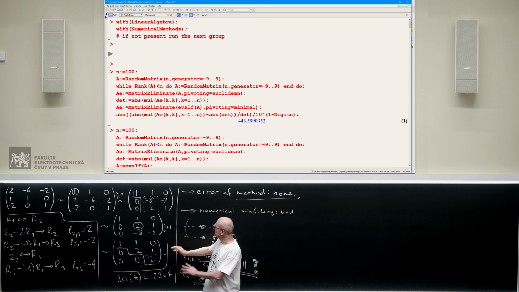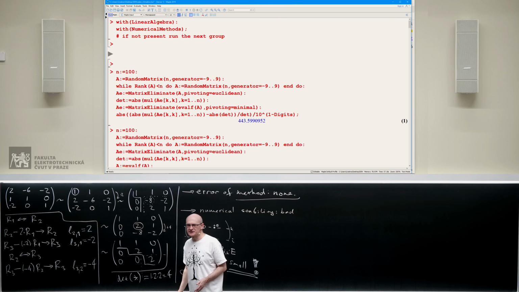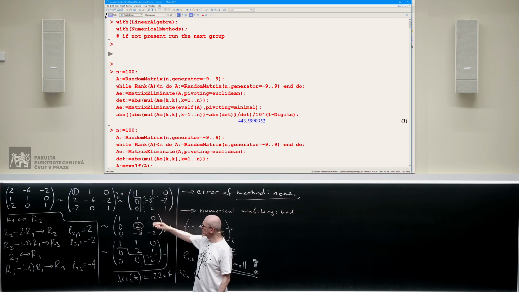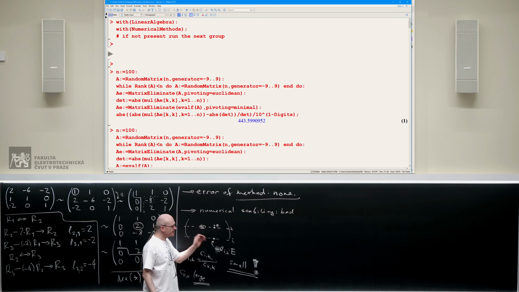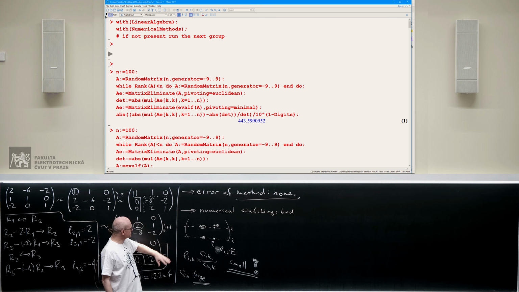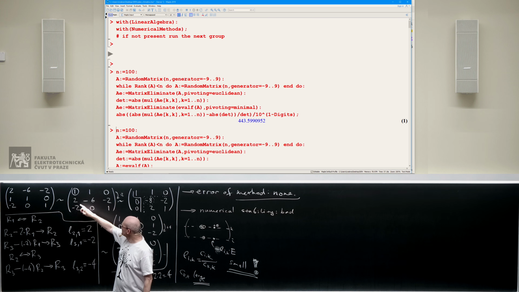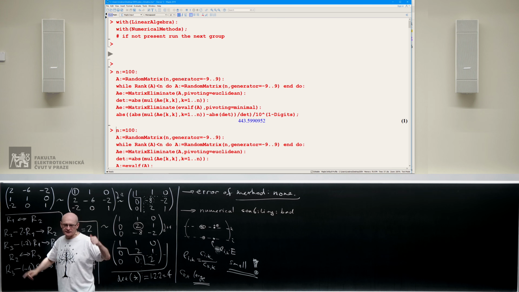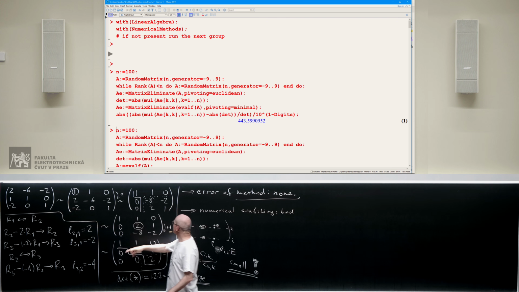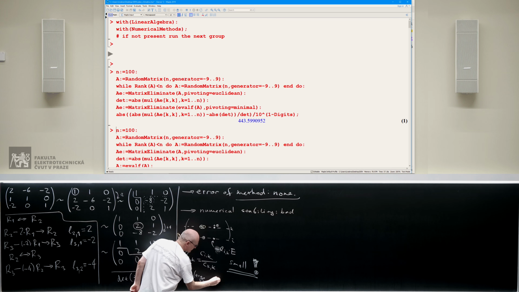So there is a special dispensation that when you are on a test doing elimination by hand, you can actually choose small pivots, but that's very special, okay? In real life, in computer calculations, in applications, we always try to get the largest possible pivot by changing rows. So here, number 2, that would be a really good pivot. Here, number -8 also. This is called partial pivoting.